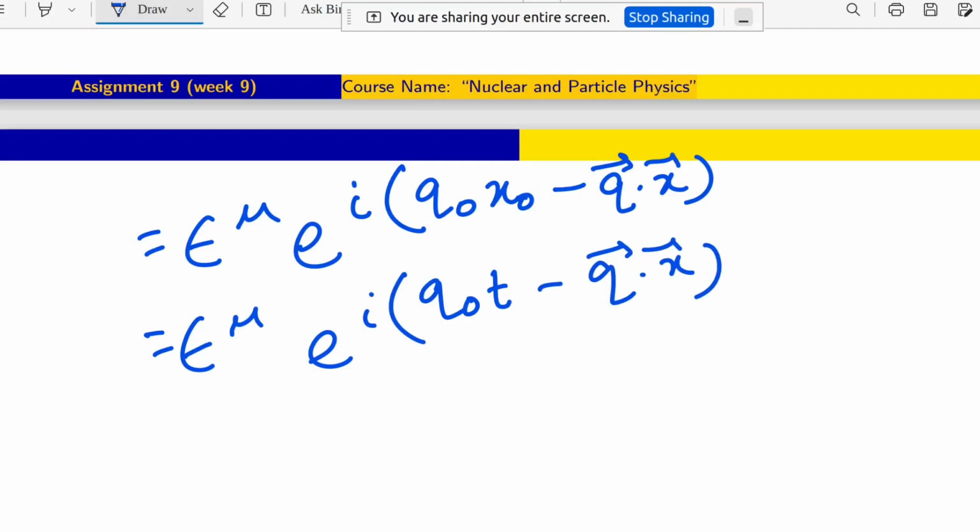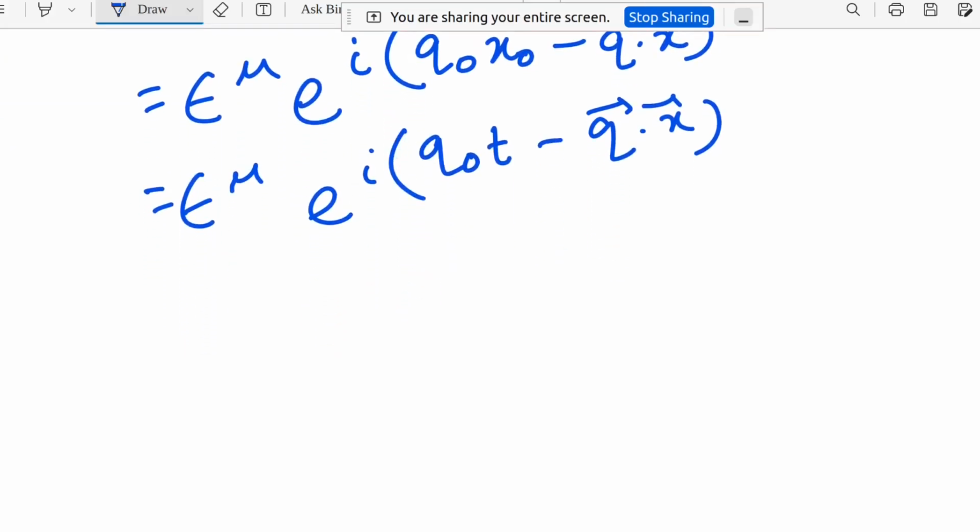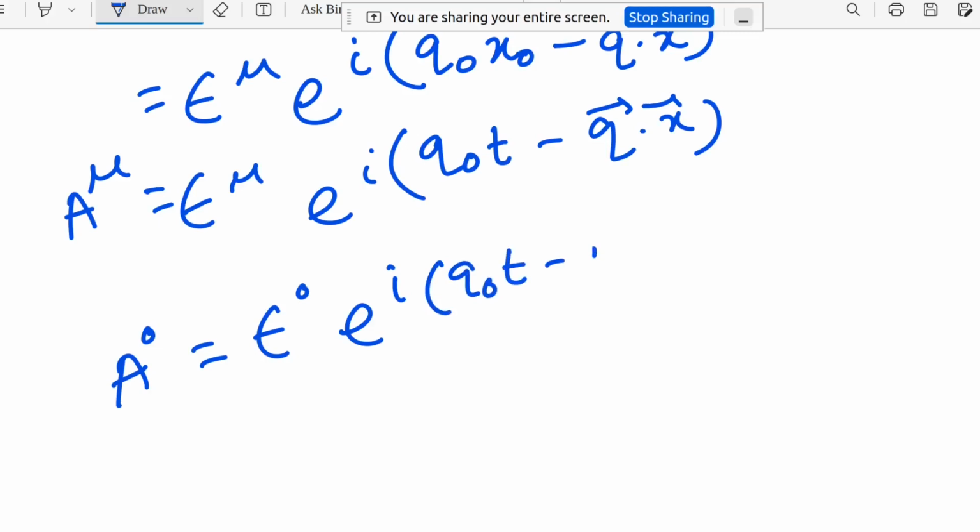So this is A mu. Now A0, what will be A0? A0 means epsilon 0 e to the power i (q0 t minus q vector dot x vector).